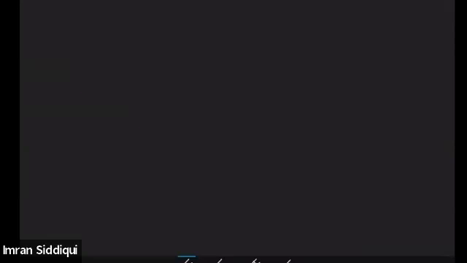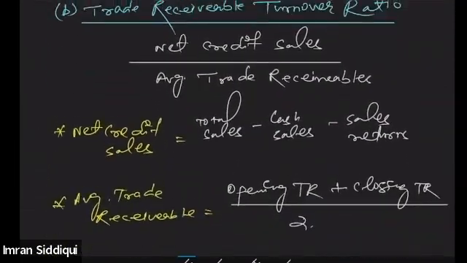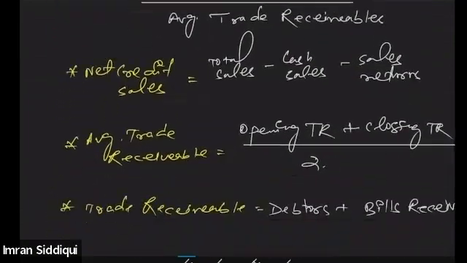All right. See, the formula in this case as well, in case of trade receivable turnover ratio, is very simple. It is trade receivable turnover ratio, I'm using the abbreviation TRTR.